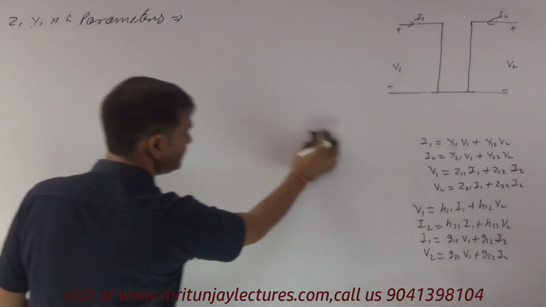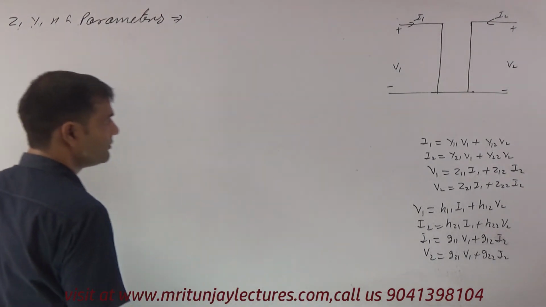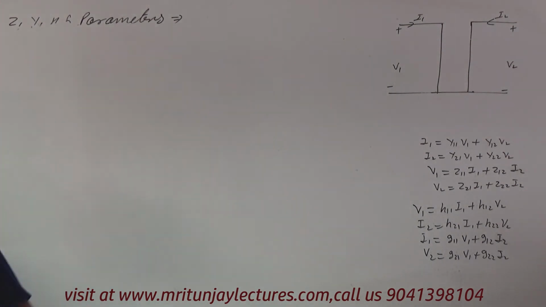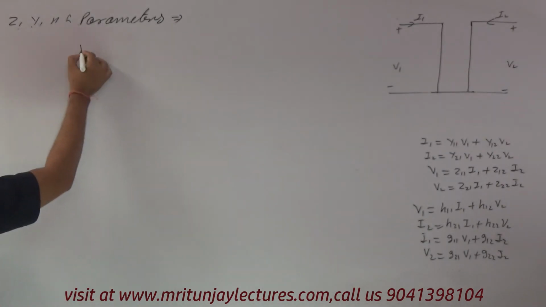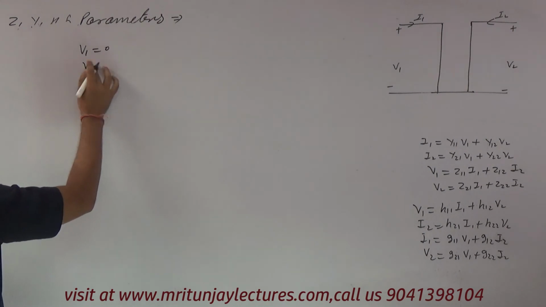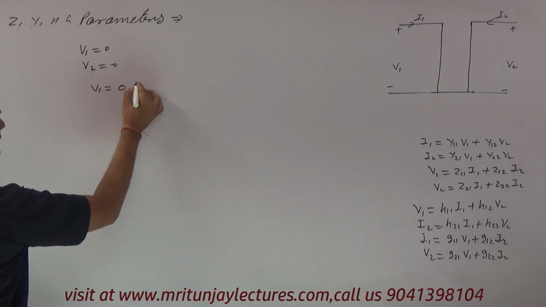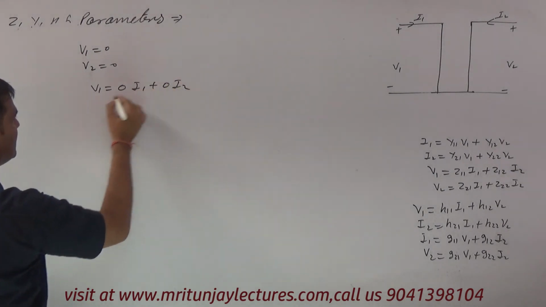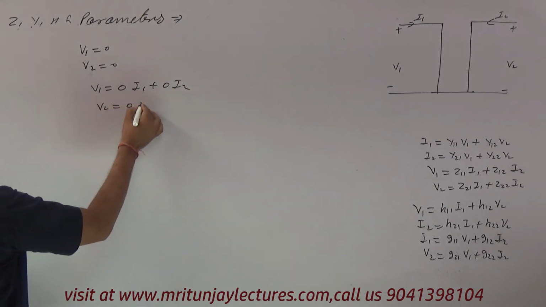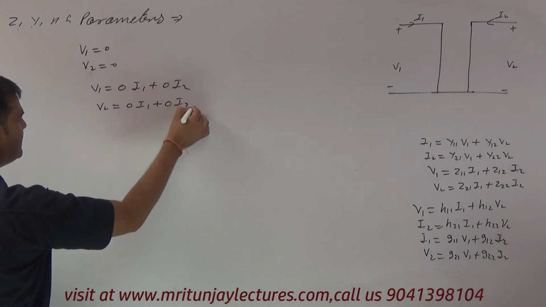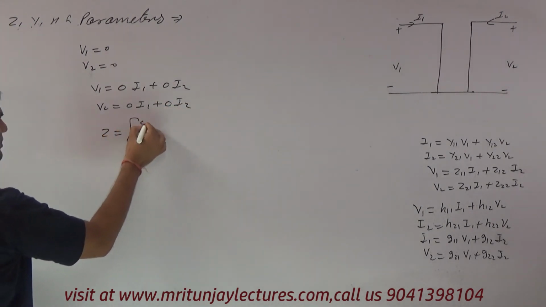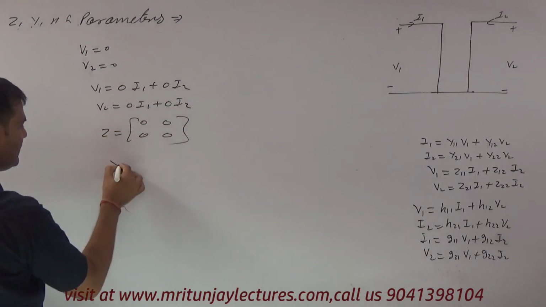Now corresponding to this problem, I know that here V1 and V2 are 0. V1 and V2 are 0 means V1 is written as 0 into I1 plus 0 into I2, and V2 is equal to 0 into I1 plus 0 into I2. So the Z parameter is 0, 0, 0, 0. And what about Y?